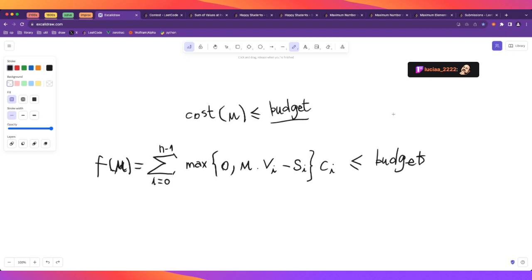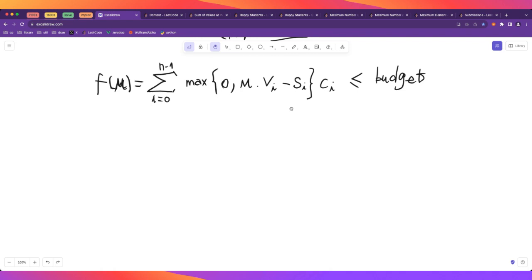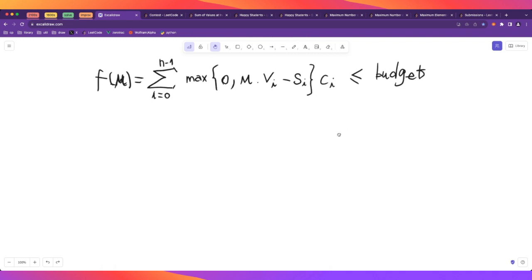So what do we do here? Why is it hard to solve this equation, or this inequality, if you will? Well, the thing is this pesky max function, right? This function is hard to deal with.